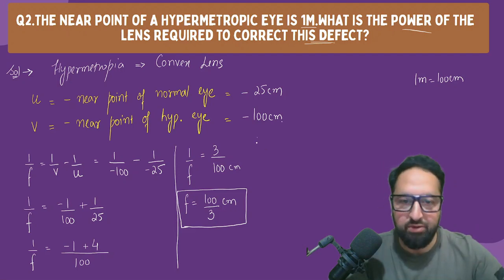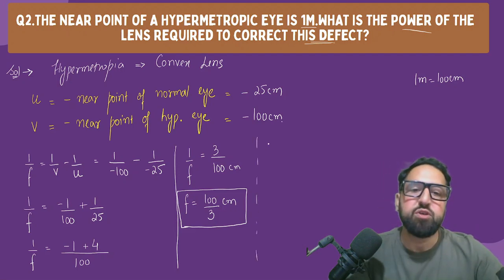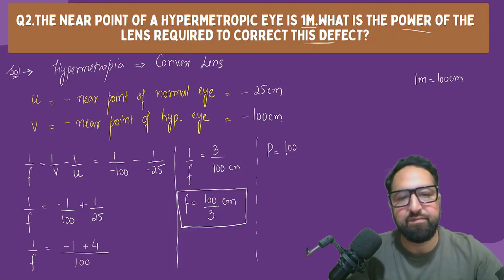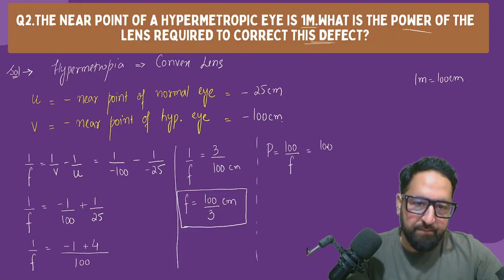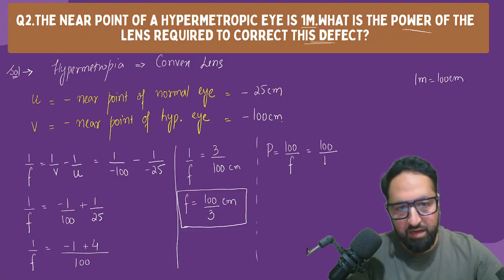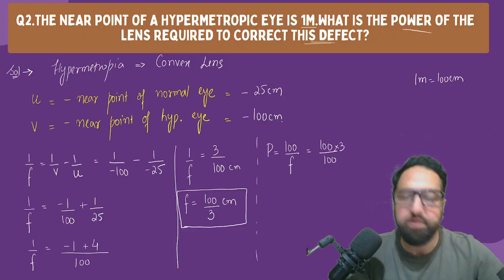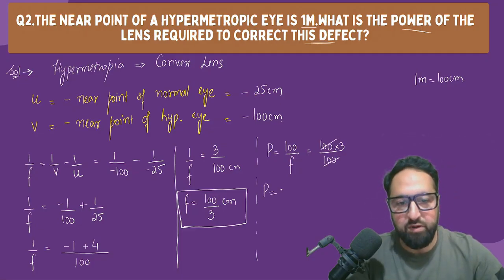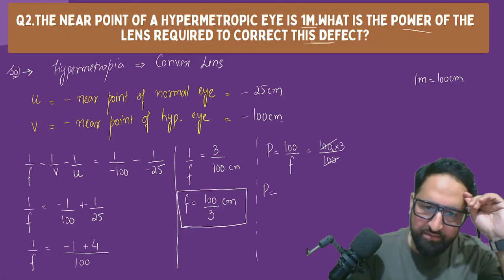Now I need to calculate the power. So power will be equal to 100 divided by f. What's f equal to? 100 divided by 3. So when you take 3, it will be in the numerator. 100 got cancelled. Can you see any minus sign here?